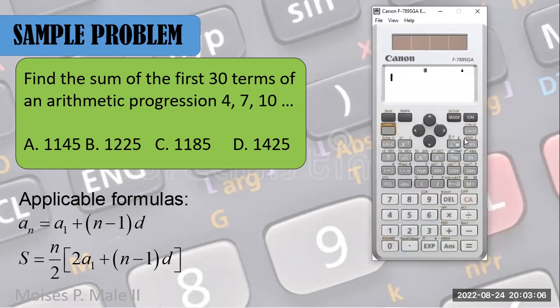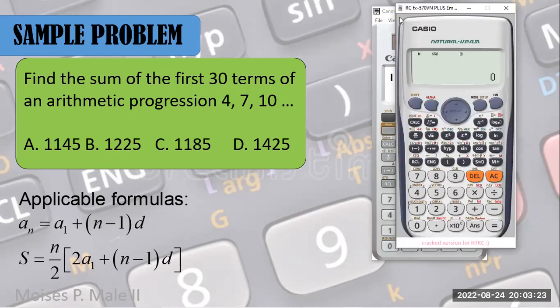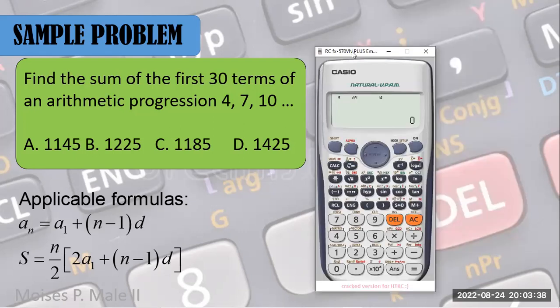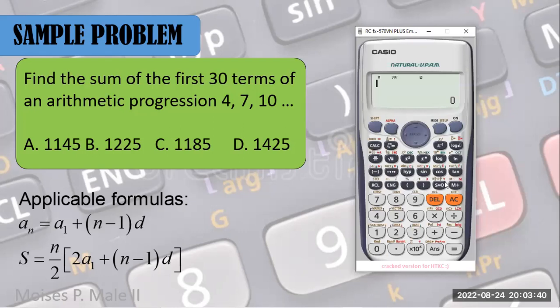So, check natin. Mode 3. So, wala tayong summation dito. Di mo magagamit yung summation kasi nasa loob ng apps. Di gaya ni Casio, pag nag-mode start kayo, pwede nyo pang magamit yung summation. So, nasa labas siya. So, yun yung medyo advantage ni Casio over CANON.